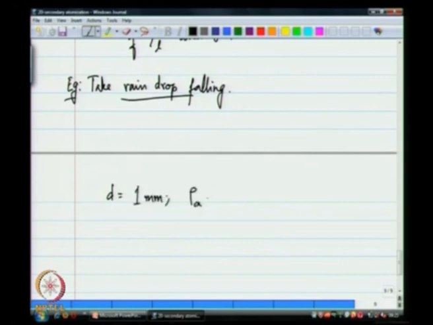I am only going to do an order of magnitude analysis. So, I will start by writing D is about 10 power minus 3 meters, rho is about 1 kg per meter cube, rho A.